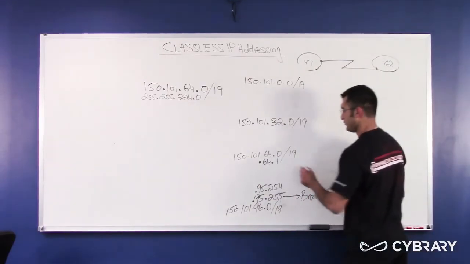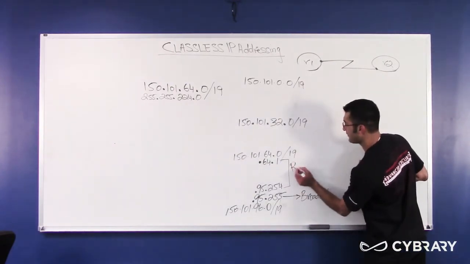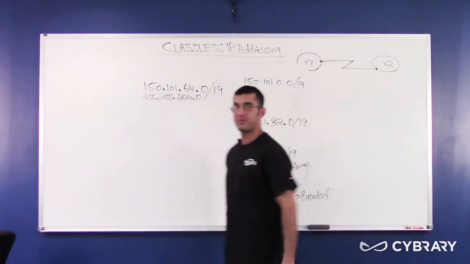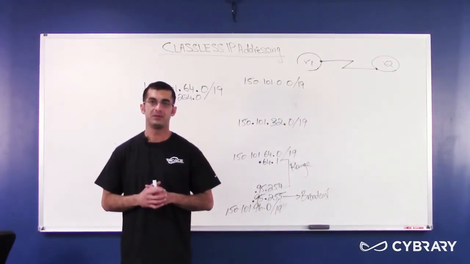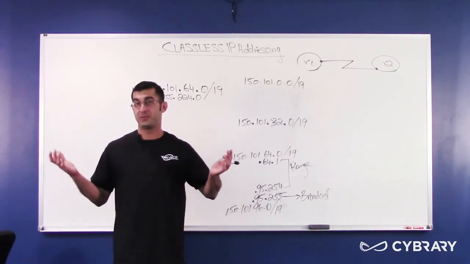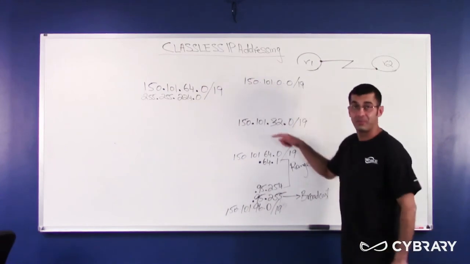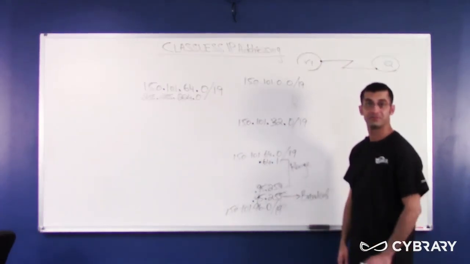So my valid range would be 64.1 through 95.254. Not hard, guys. As long as you remember the rule, you look at the value of the last bit turned on, and then that gives you the block size. Then you start at 0 in that octet and keep adding that number till you get to your relevant network that you're trying to find the range for.